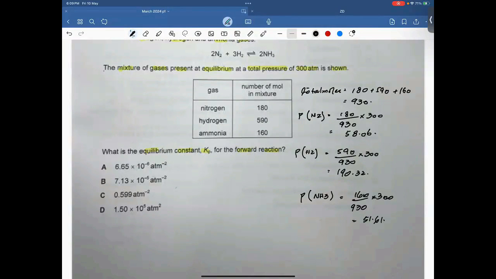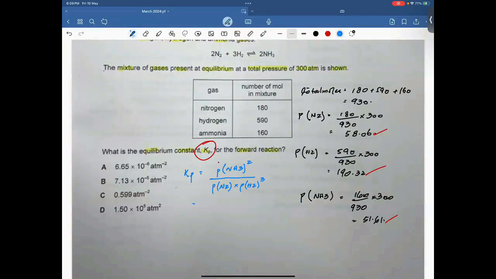Now by using these values, I can find the value of Kp, but before that I need to write the Kp expression for the equation. That's partial pressure of ammonia. Since we have 2 moles on the product side, this has to be to the power 2, over partial pressure of nitrogen times partial pressure of hydrogen. Since hydrogen has 3 moles, it has to be to the power 3, which is cubed.